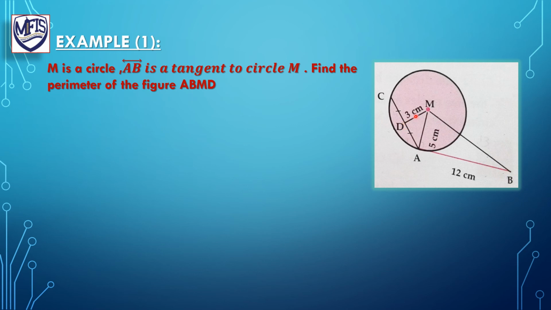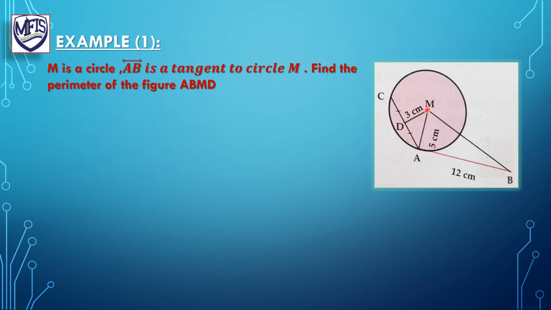To find the perimeter of MBAD, I want to find the four side lengths of this quadrilateral. I have MD and AB. What about MB and AD? I don't know. So I need to find the length of MB and the length of AD.